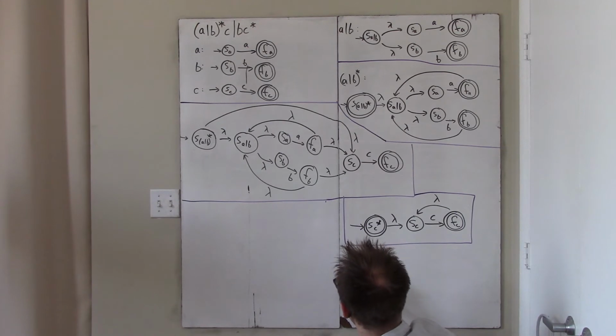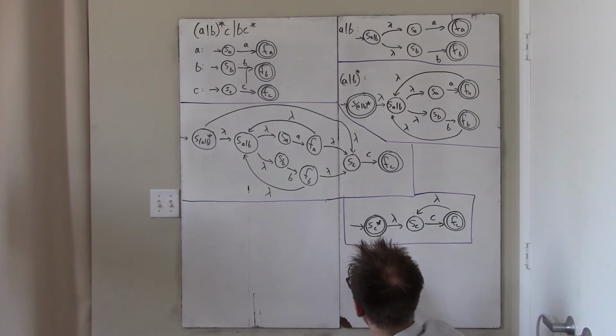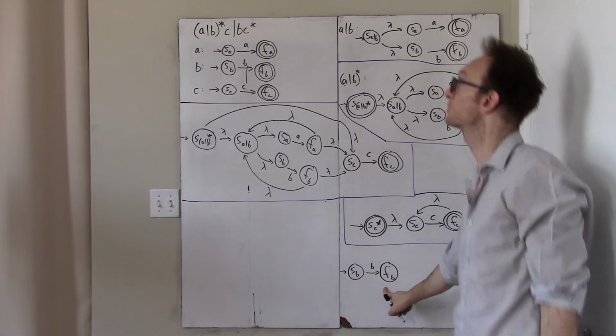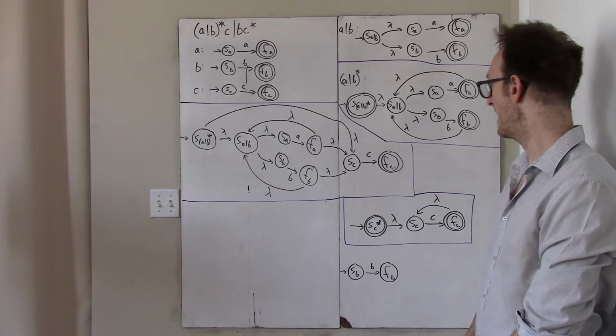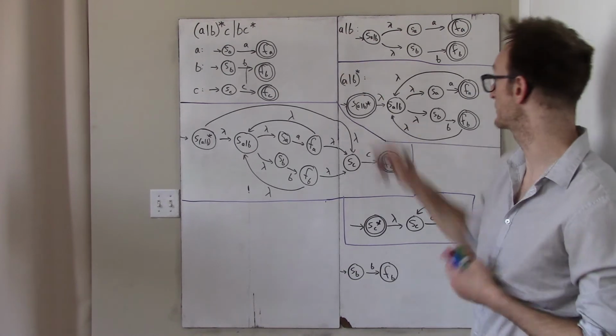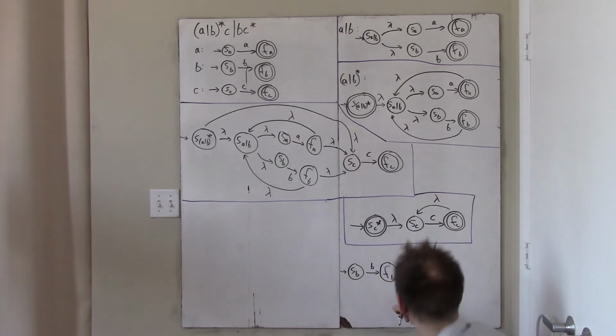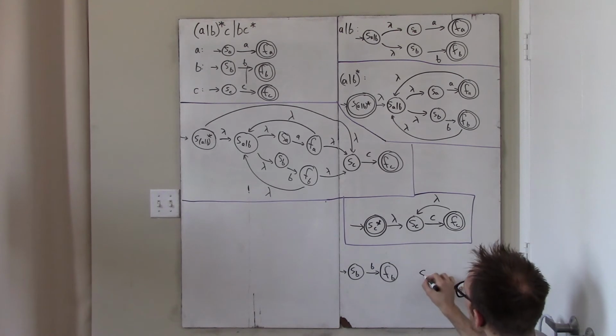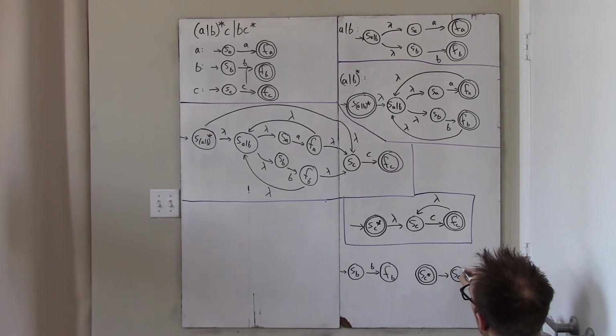So here's the B machine, has this as a start state, and then it goes to B, and then there's this accept state, but that accept state of the B machine should no longer be an accept state because I need to make it through C star. Instead, I take this C star machine, which is right here, and okay, I need to fit this, so I gotta write small.